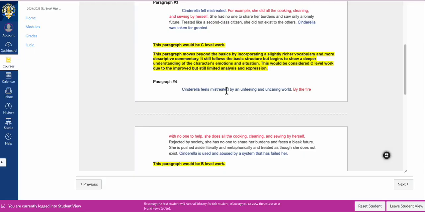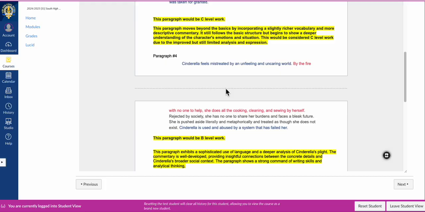Another good visual description. She does all the cooking and cleaning and sewing by herself. Rejected by society. She has no one to share her burdens and faces a bleak future. She is pushed aside, literally and metaphorically, and treated as though she does not exist. Cinderella is used and abused by a system that has failed her. Now, this is much higher level writing than the other sentences.